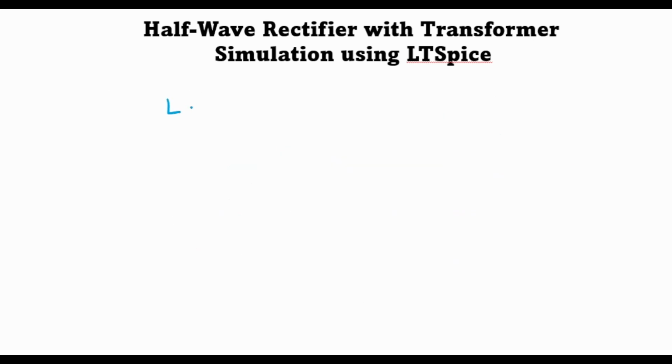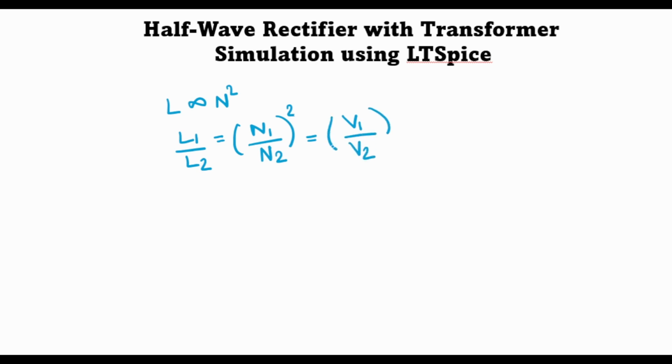Since we know that the inductance is proportional to the square of the number of turns, we can write the ratio of the inductances like the square of the ratio of the number of turns. And the ratio of the number of turns we know is simply equal to the ratio of the primary and secondary voltage.